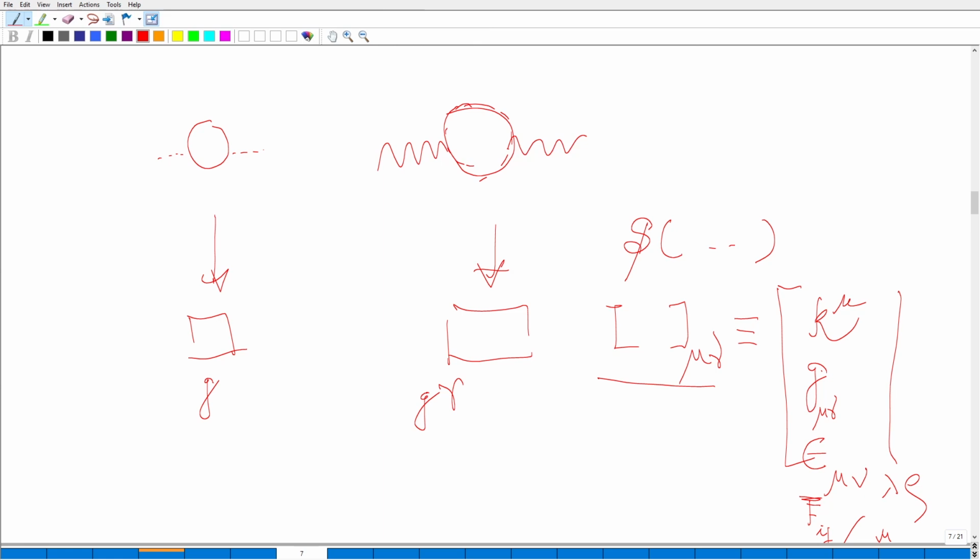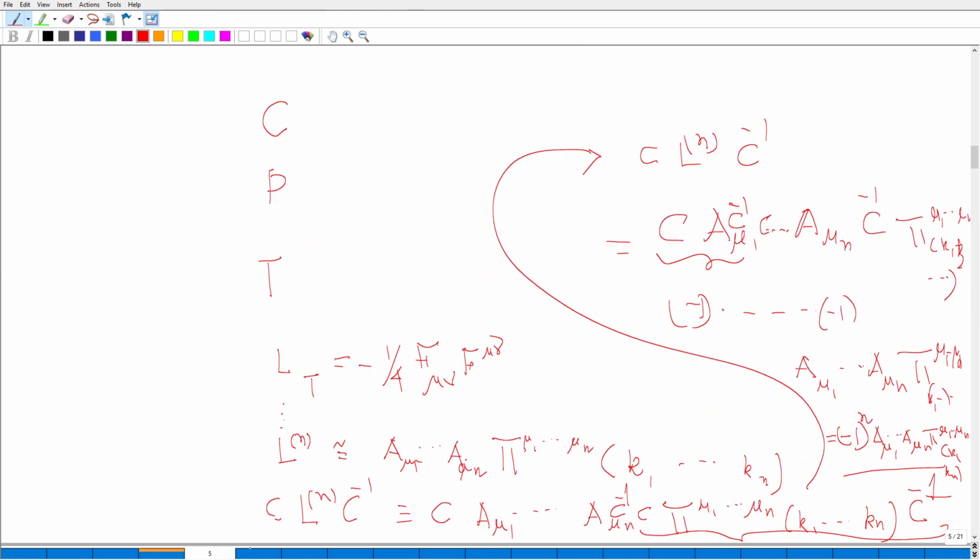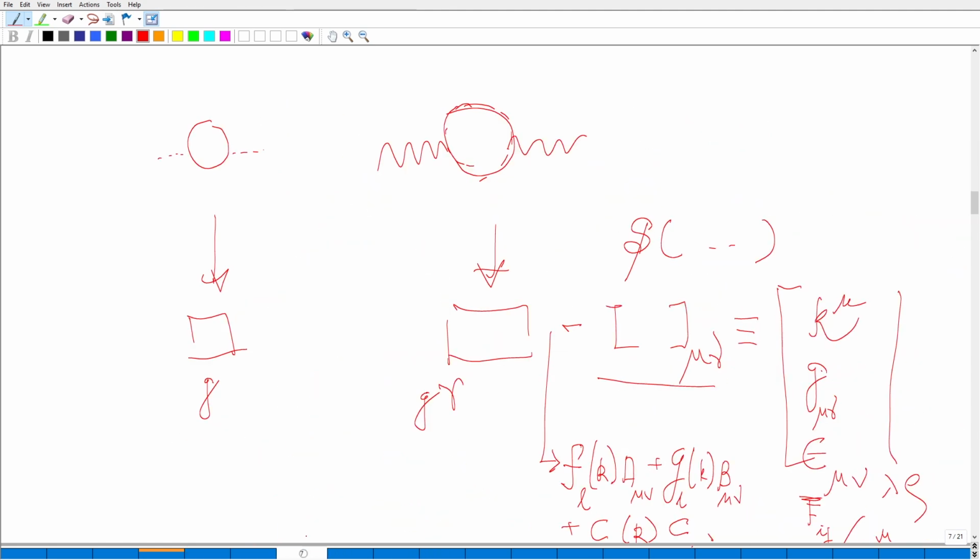And as a result, you can write this mu nu index object as some scalar function, let us say f_L of k times A mu nu plus g_L of k times B mu nu plus c_L of k times C mu nu, and so on and so forth.